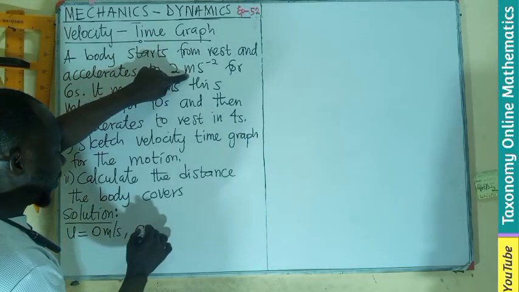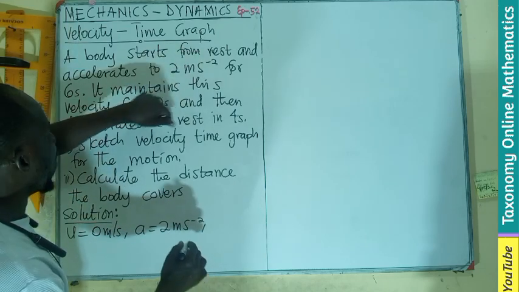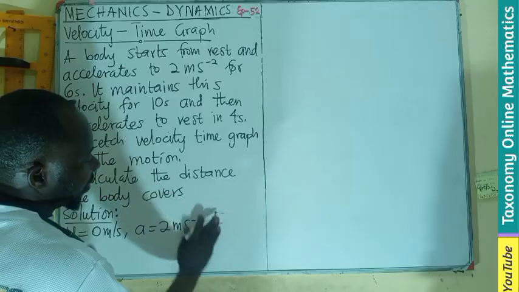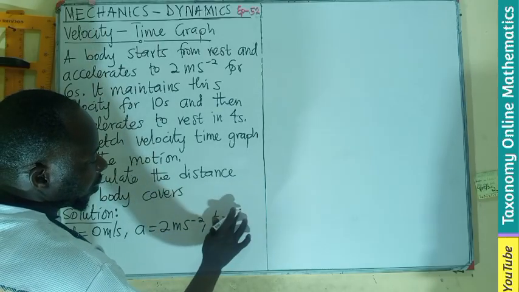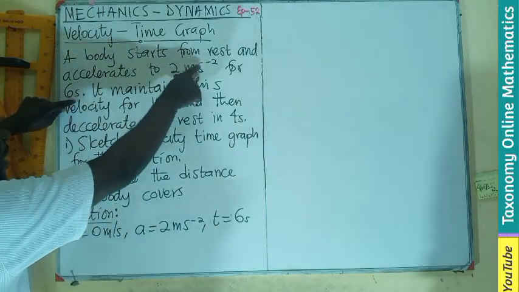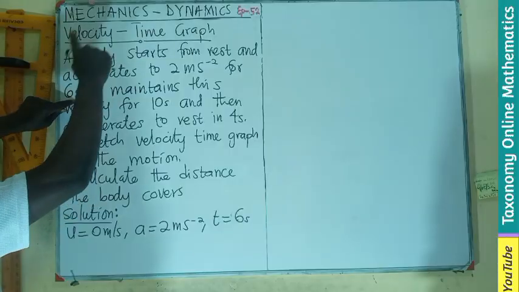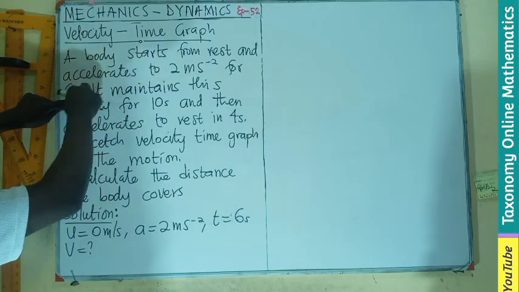So we have our acceleration as 2 meters per second squared for a time of 6 seconds. Within this, as it moved from rest and got to a point, it must also give us a final velocity.